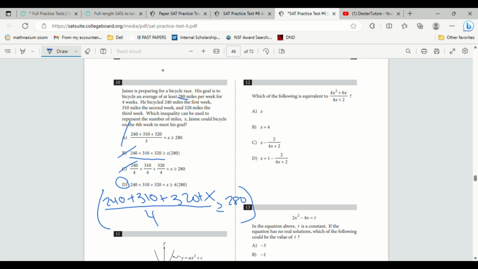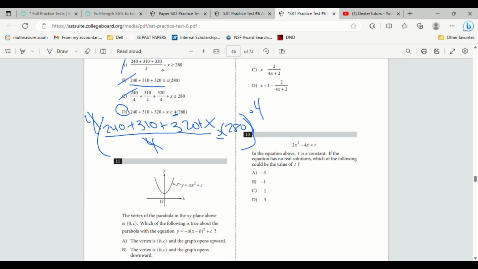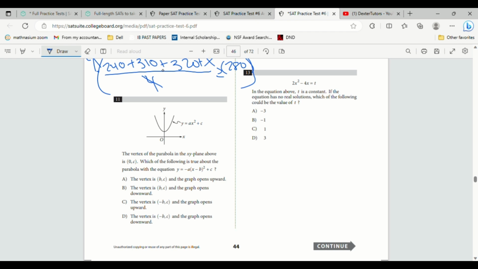Because it's not dividing by anything. Well, the 4 is on the right-hand side, because if I multiply both sides of this equation by 4, the 4 on the left-hand side would cancel out, leaving us with 4 times the 280 on the right-hand side, and all 4 terms added on the left-hand side. So 10 is D.